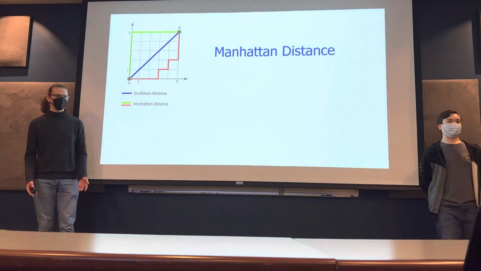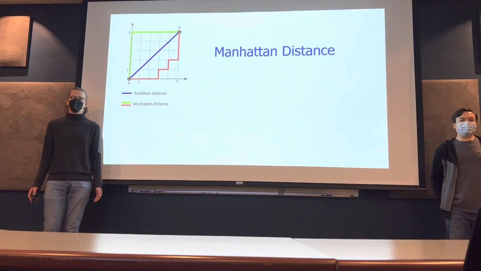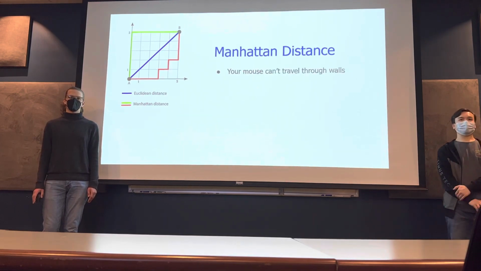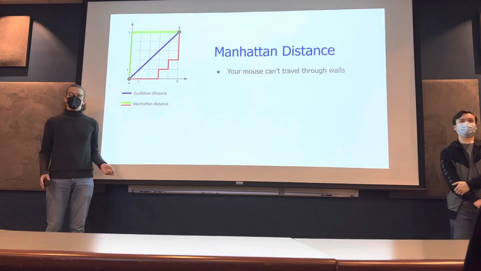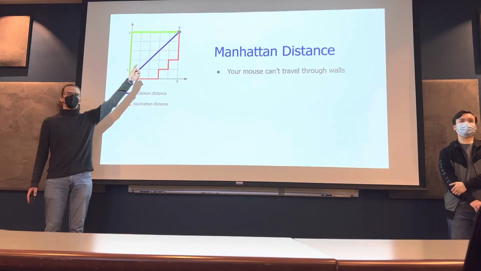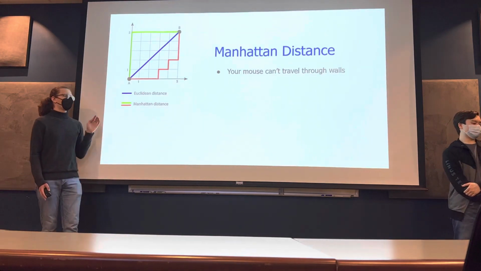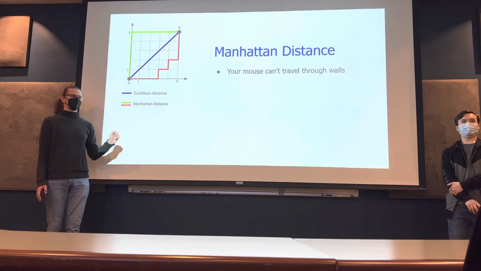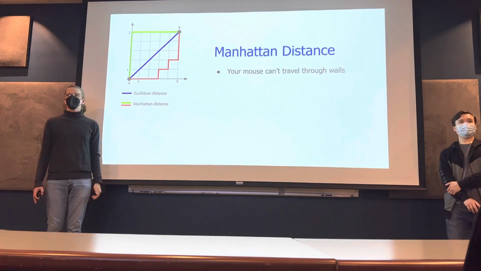The first thing that we need to talk about before that is the concept of a Manhattan distance. Your mouse cannot travel through walls. If you want to get from A to B, the shortest path is the Euclidean distance, which is just straight, but there's going to be walls in the way. So what we want is actually a Manhattan distance, which is traveling on a grid, basically.